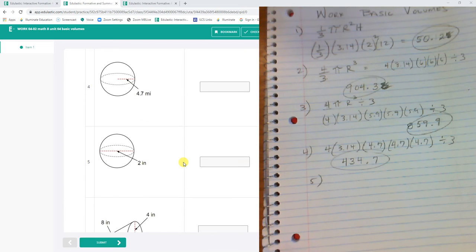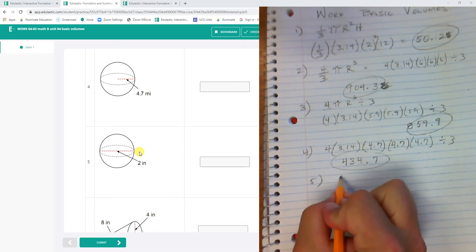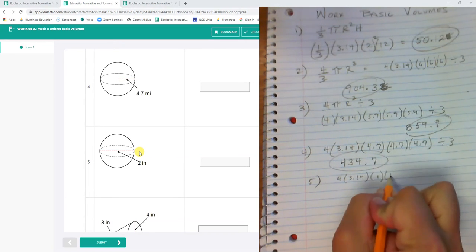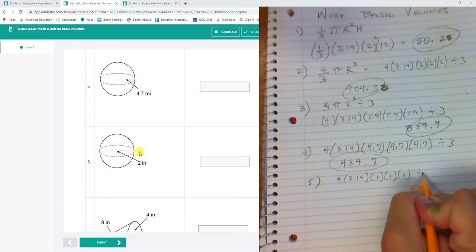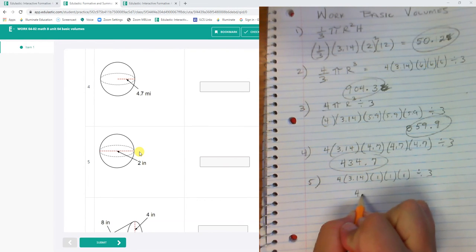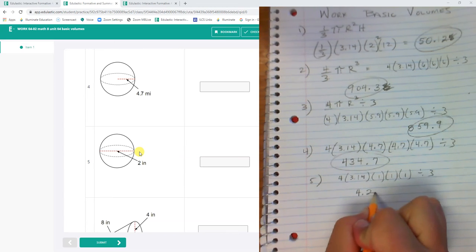Number 5. So this has a radius of 1, so it's going to be 3.14 times radius, radius, radius divided by 3. I have a 4.18, which would be 4.2.